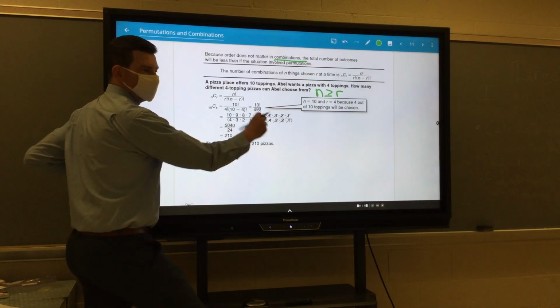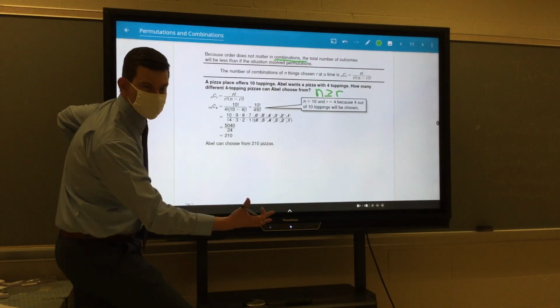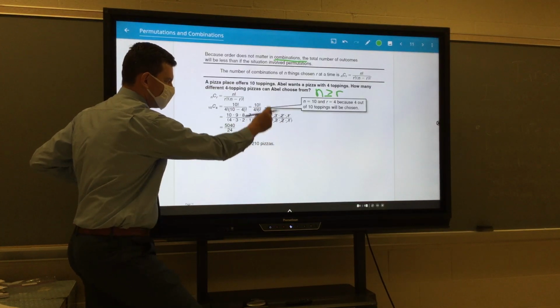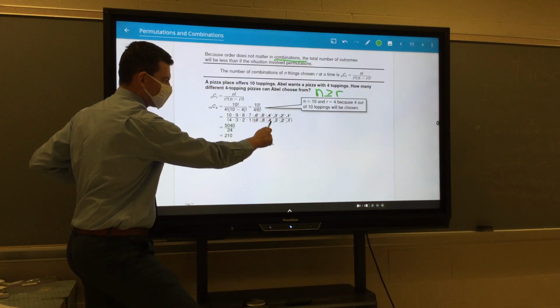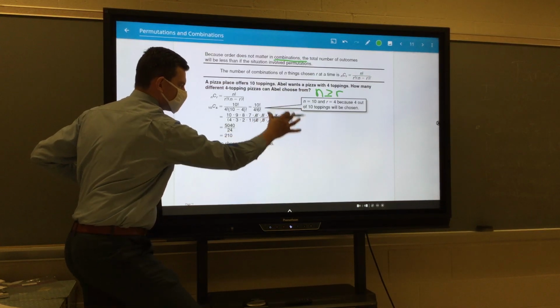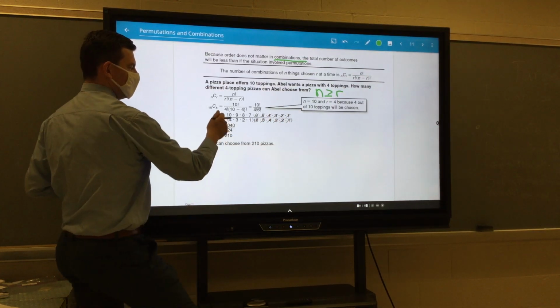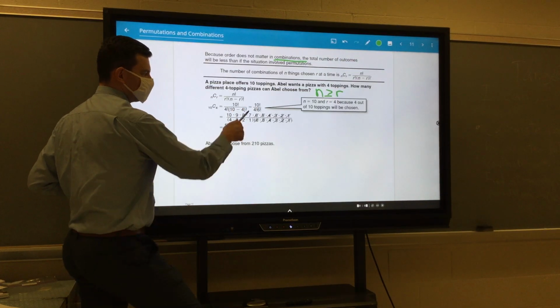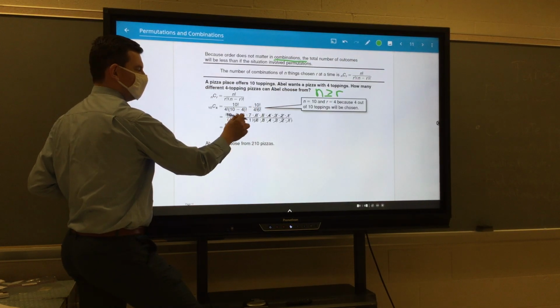Be careful with the order of operations. If you were to reduce this by hand, you can still reduce it. The 10 factorial and the 6 factorial, all those 6's and down can divide out, but you still have 10 times 9 times 8 times 7 in the numerator, and you still have the 4 factorial left alone.